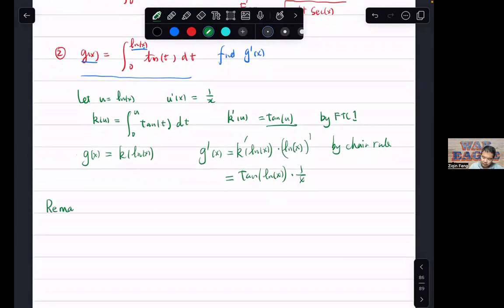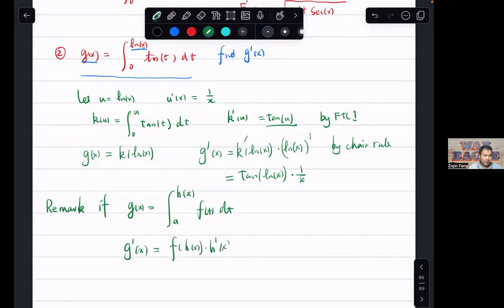Remark: if g of x equals the integral from a to h of x of f of t dt, then g prime of x, for sure, we are assuming all the functions are continuous and differentiable, right? g prime of x is f of h of x times h prime of x, so that you can apply the fundamental theorem of calculus part 1 and also the chain rule to get it, because this g is a combination of two functions. We can differentiate both of them.